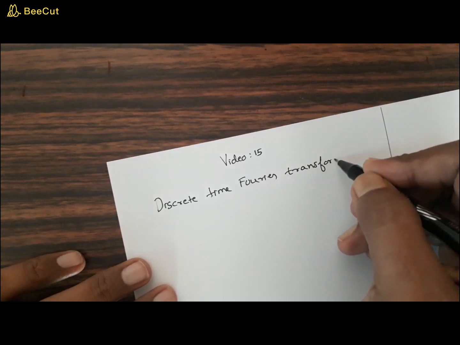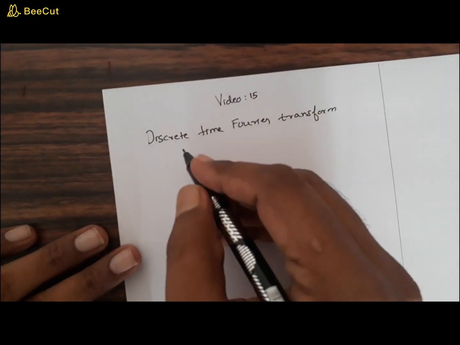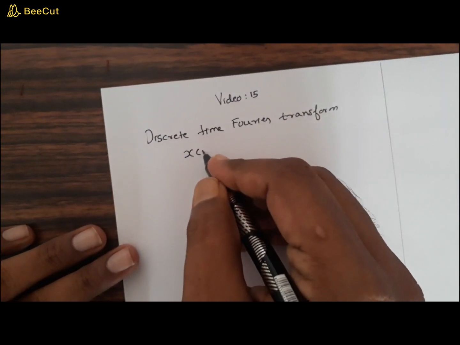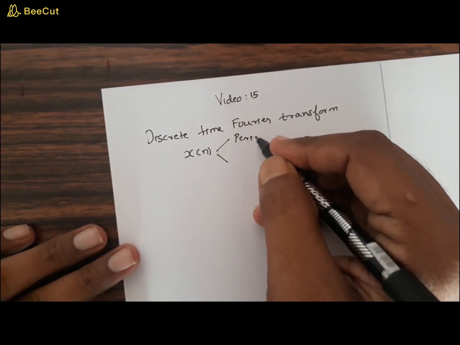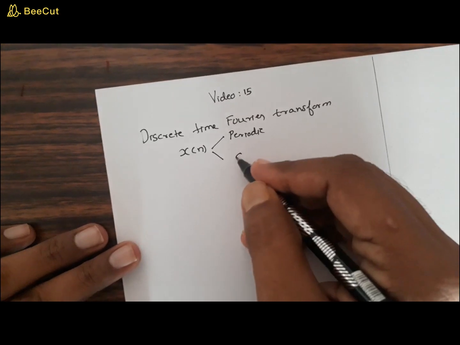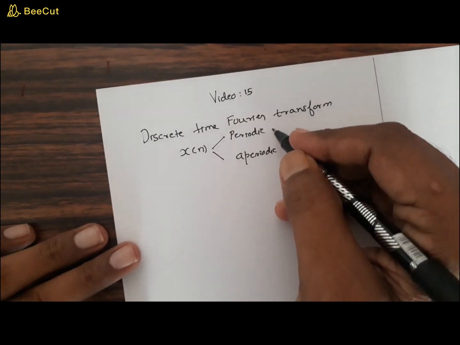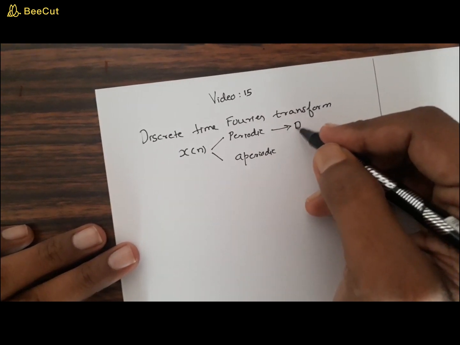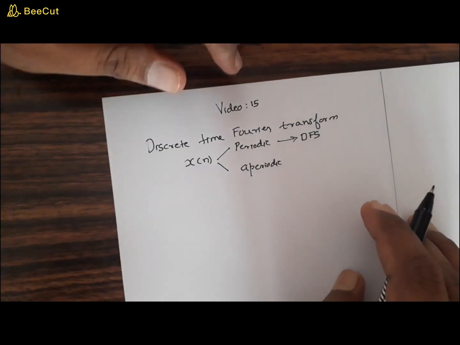Now, in the last video we have seen that a particular discrete time signal, say x of n, can be periodic or aperiodic. If it is a periodic signal, that can be represented by DFS or discrete Fourier series, as we studied in the last two videos.